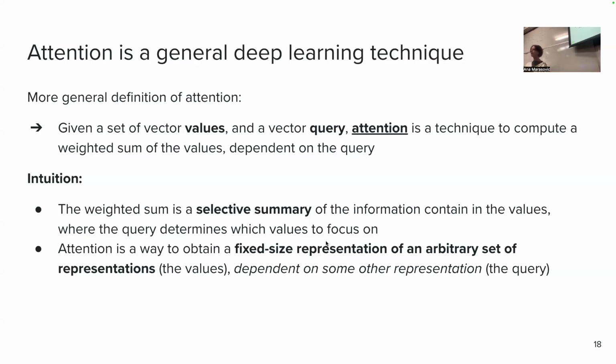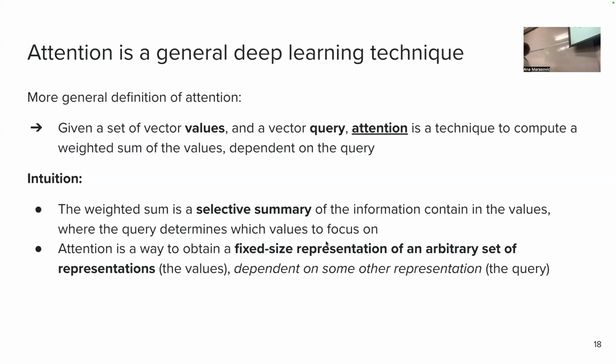So it's a kind of locality: what's important in the source for a given decoder step. And the query, which is our decoder step, determines which values to focus on.